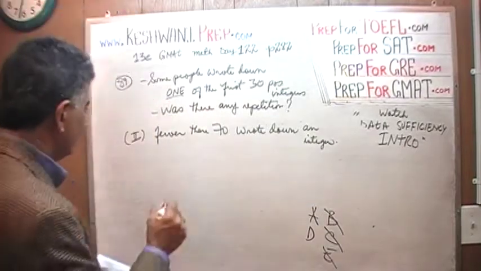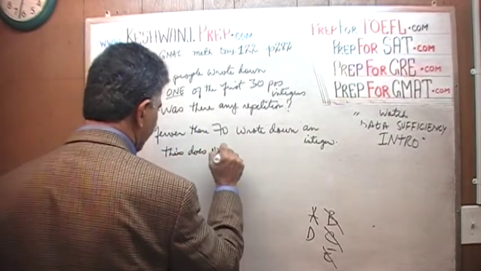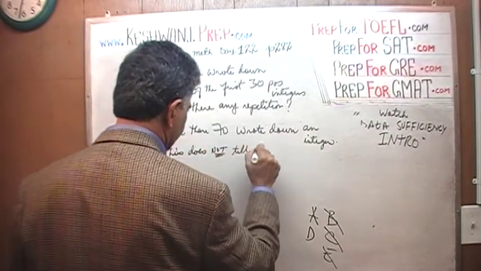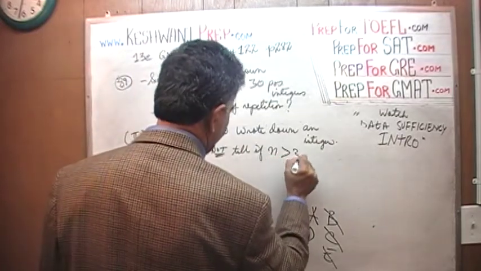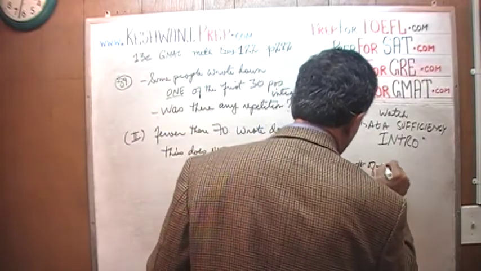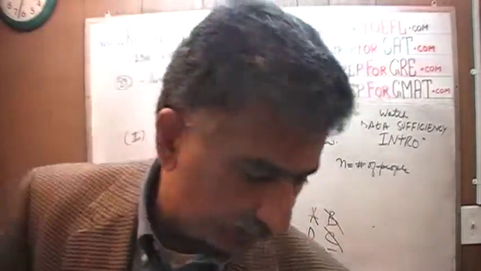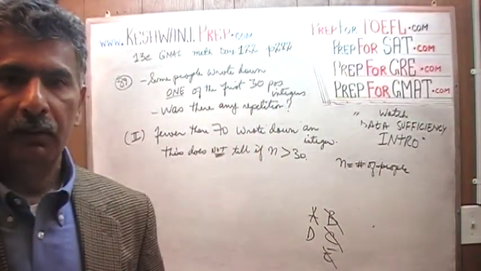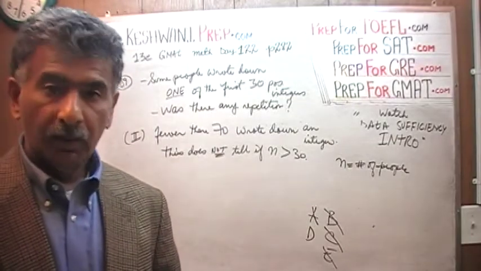This does not tell us if the number of people, n, was greater than 30. It does not tell us if n is greater than 30, and we need to know that. Why do we need to know that?